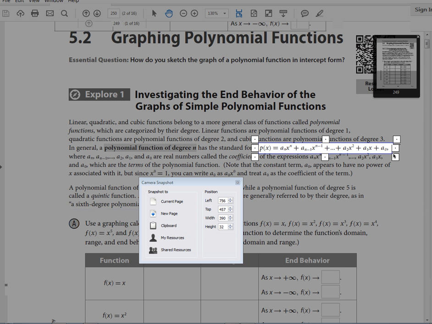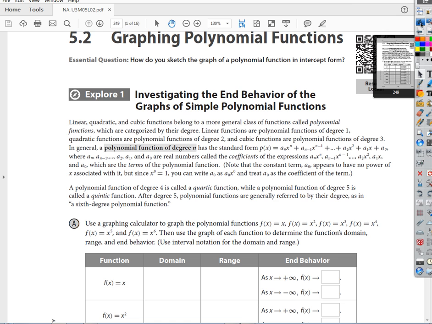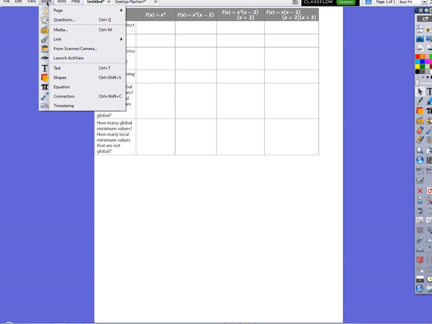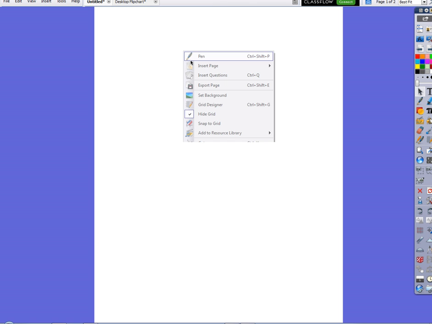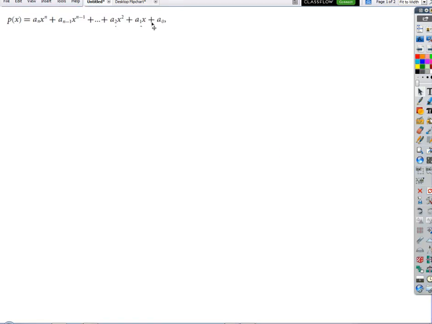So this is the generic way we write a polynomial. So just to summarize what this is, it's just a sum of terms, right? And each term has a real number coefficient and a whole number exponent, right? Okay, so we're going to look at a bunch of these. This is our topic we're going to be discussing here for next week or so.